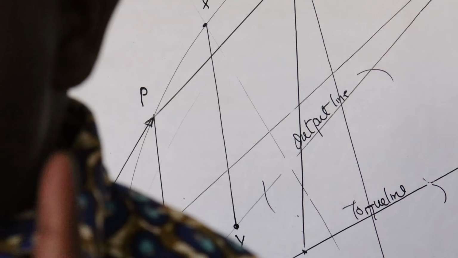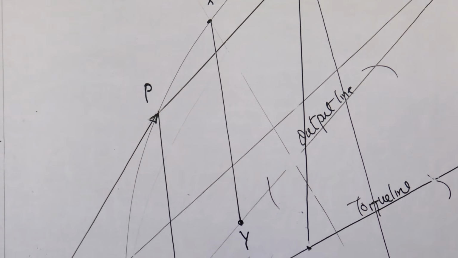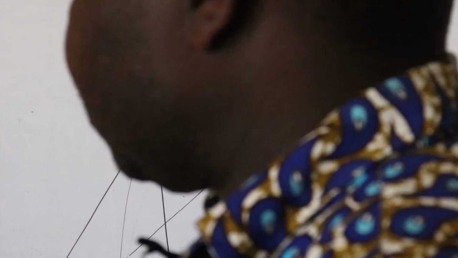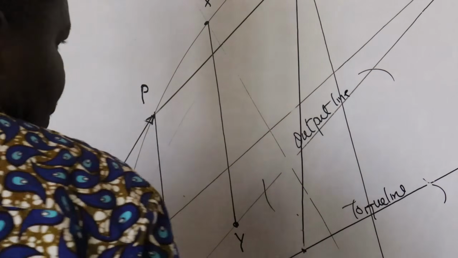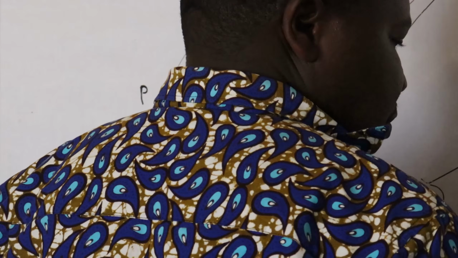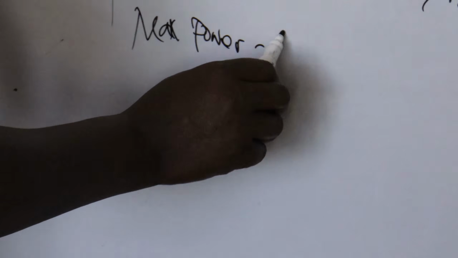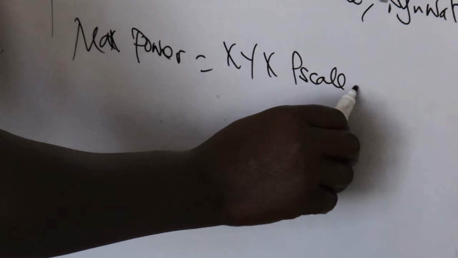Your reference, just the same way. Your reference is now the output line. So maximum power is equal to XY times the power scale. This is in watts.